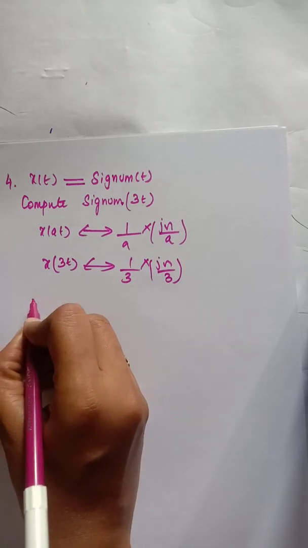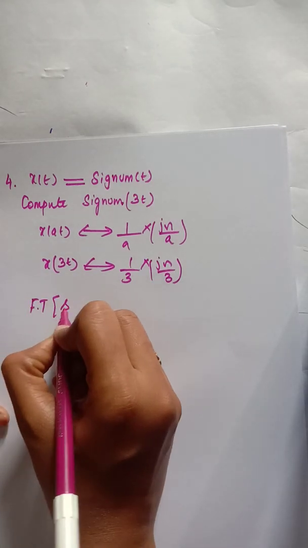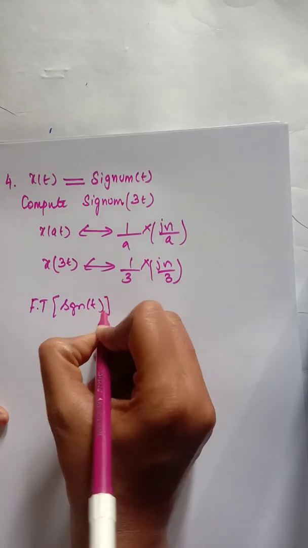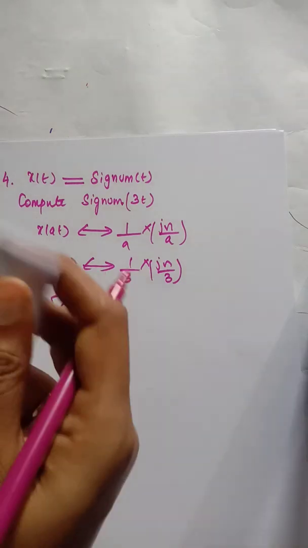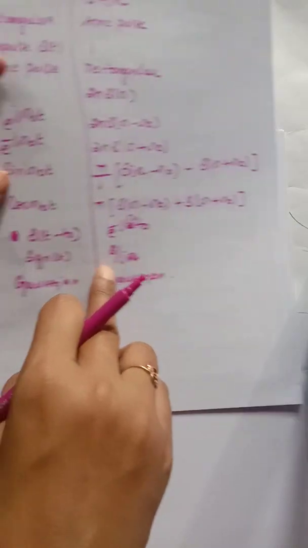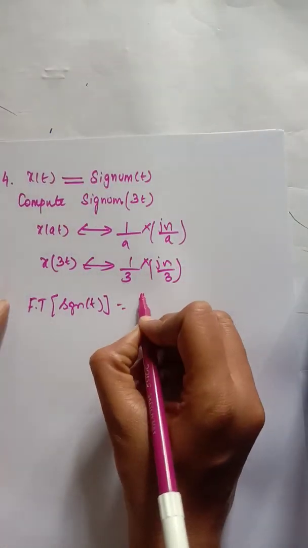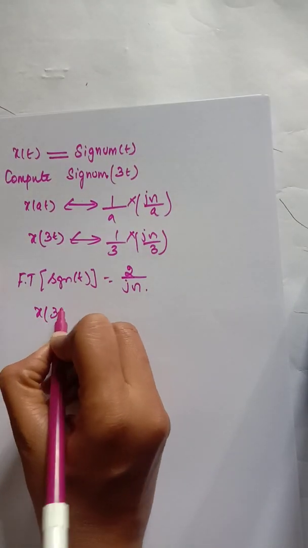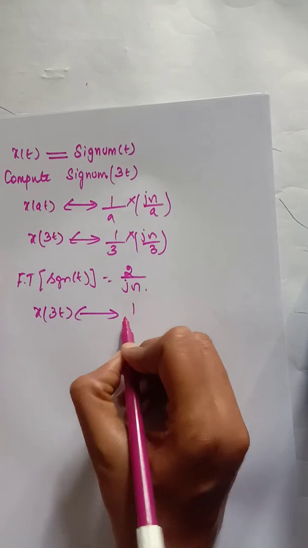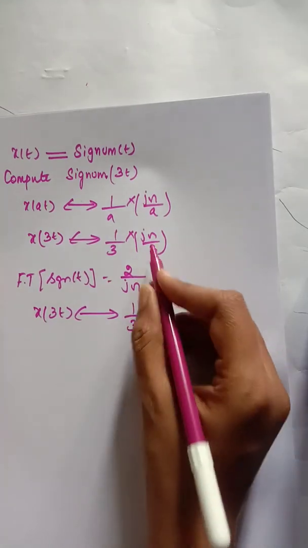Okay, so here the Fourier transform of signum of t, we have already found, is 2 by j omega. Now for x of 3t, it is 1 by 3 times X of j omega by 3.